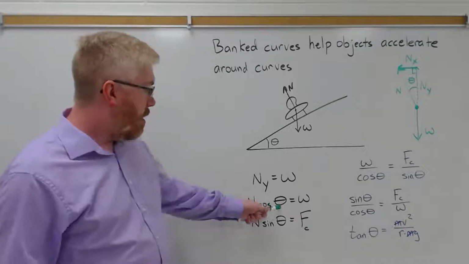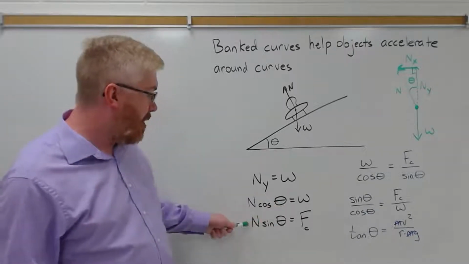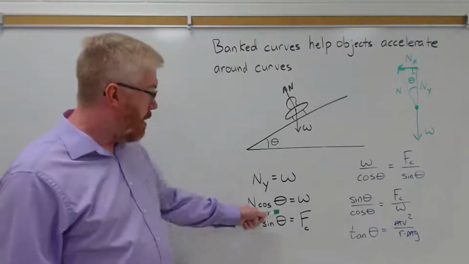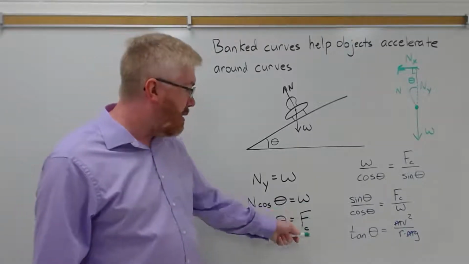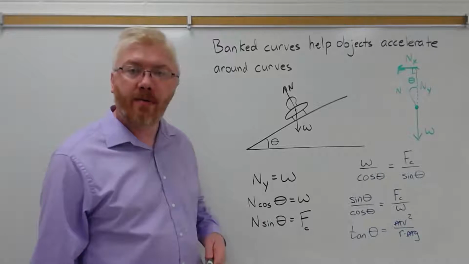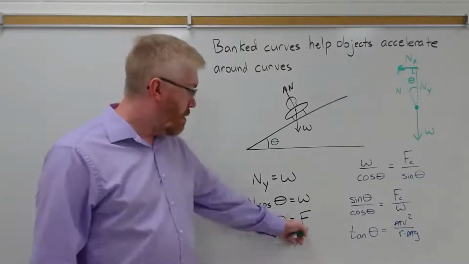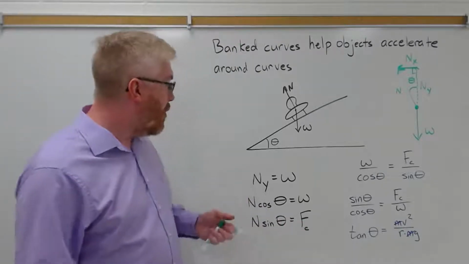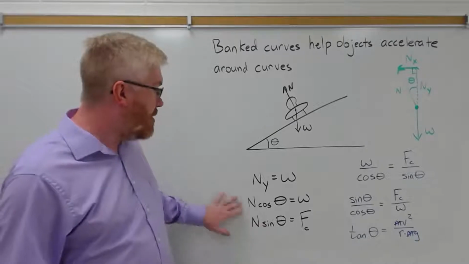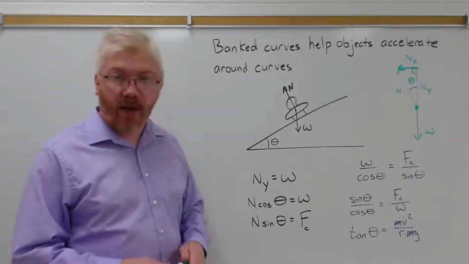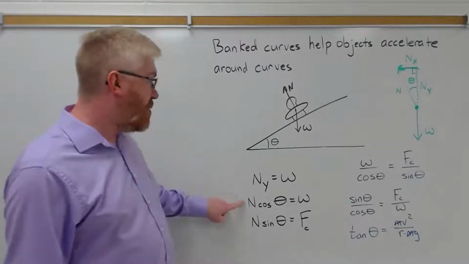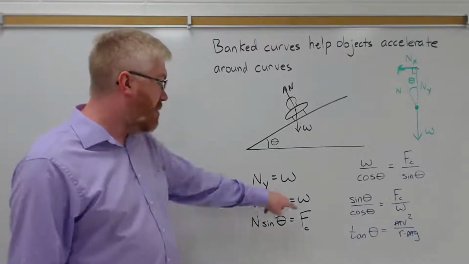So we have two equations here. Both have n in it, the normal force. Both have angle theta in it. One has the weight, and the other is the centripetal force. So what I'm going to do is rearrange these equations. I'm going to solve them both for n and then set them equal to one another. So solving this first one for n, I divide both sides by cosine theta.